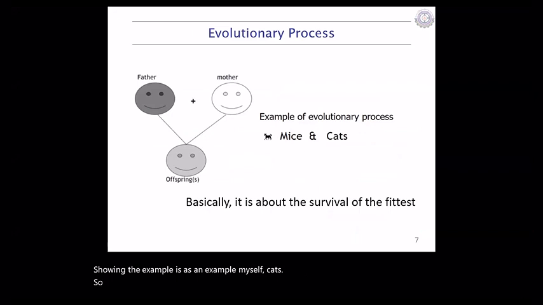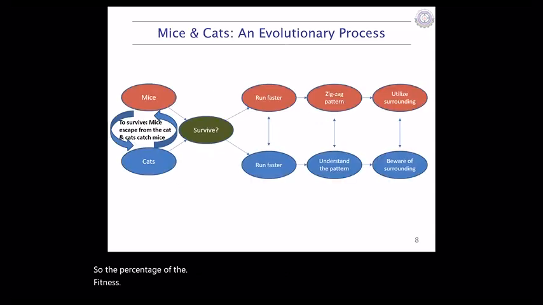Basically, it is about the survival of the fittest. So that's why it mentions the fitness, the percentage of fitness. So this is the illustration of the evolutionary process for mice and cats.